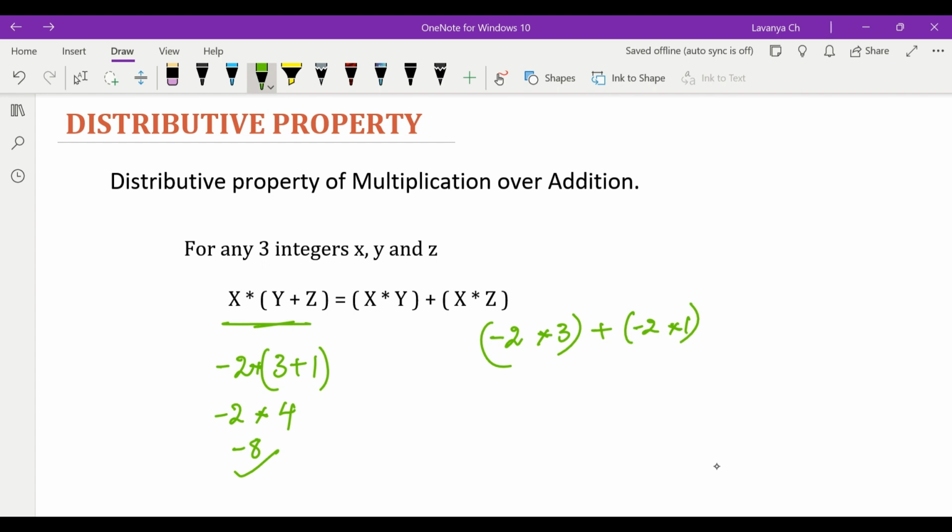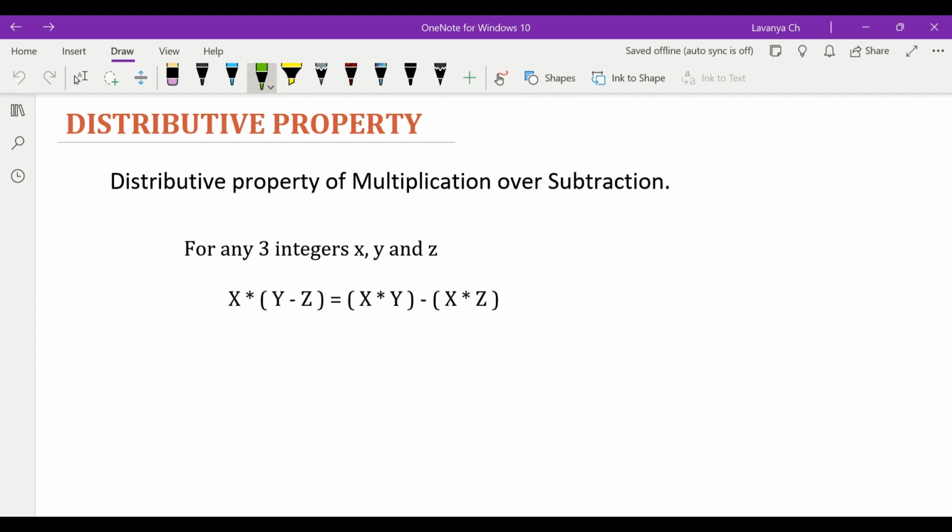Negative 2 into 3 is negative 6, plus negative 2 into 1 is negative 2 itself. So this is equal to negative 8. Both the values are matching, which shows that distributive property of multiplication over addition is satisfied by integers.